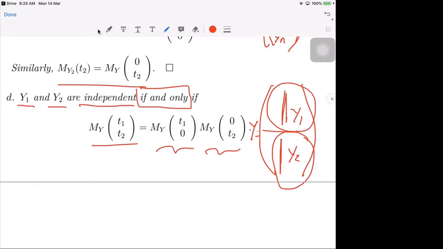But since this is if and only if, it means that if you can express the moment generating function of the marginals or the partitions into a product, then we say that y1 and y2 are independent.